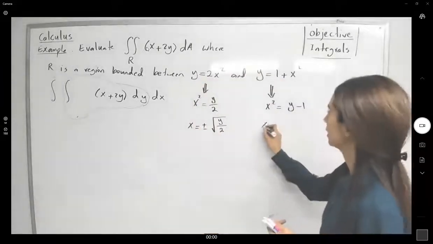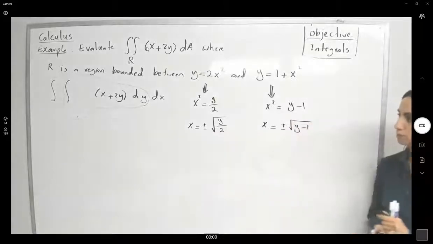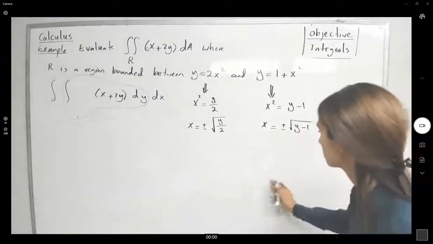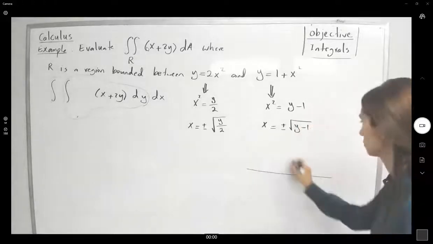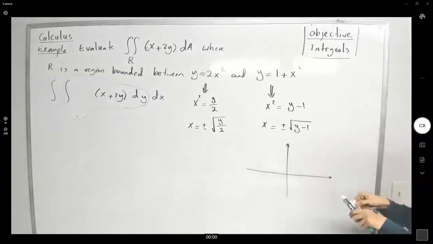And this guy tells me, hey, x is equal to plus minus square root of y minus 1. Okay. So remember the graph. What was the graph like? The graph was like this.